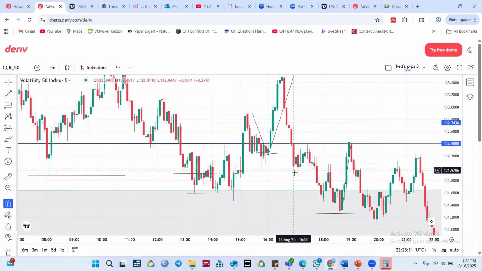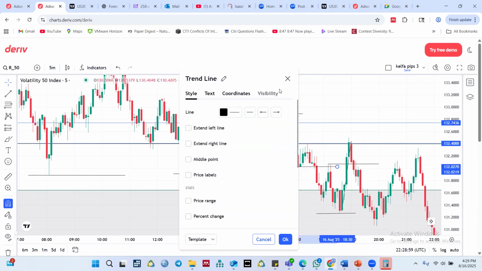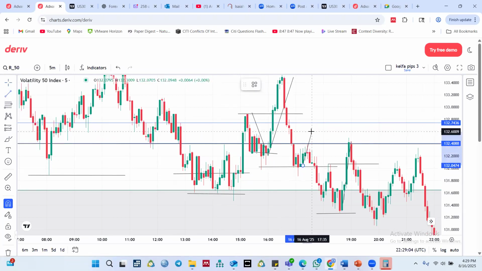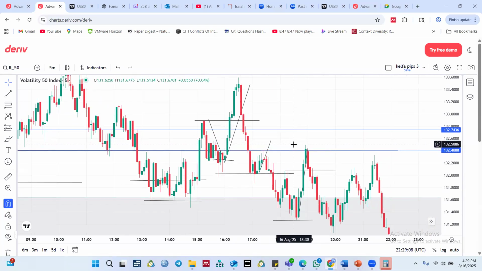So on the retest, I was expecting that once it takes this low out as liquidity, it should have reversed from here to go up. But that's where that blue line I drew came in. After this, it never closed above that blue line.